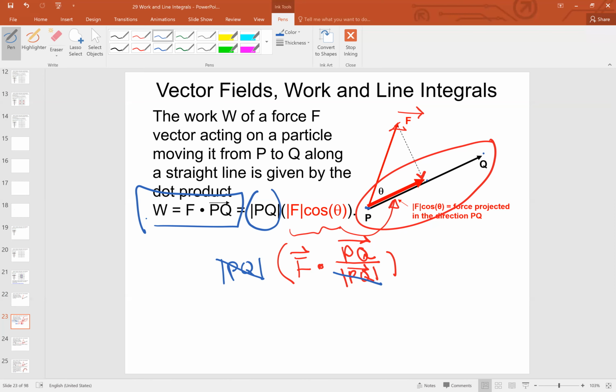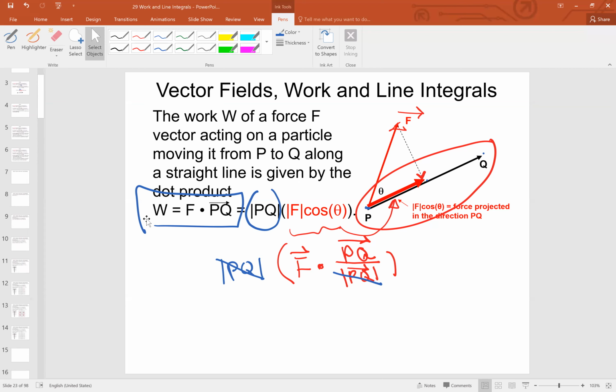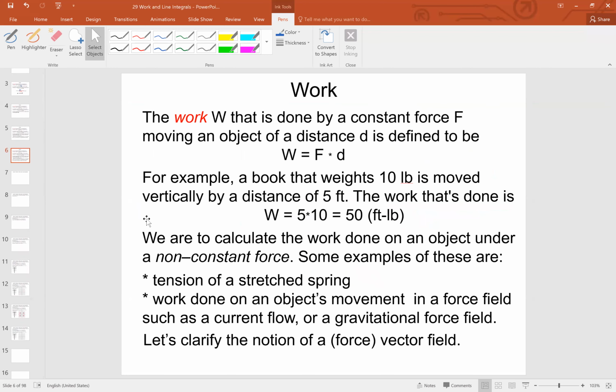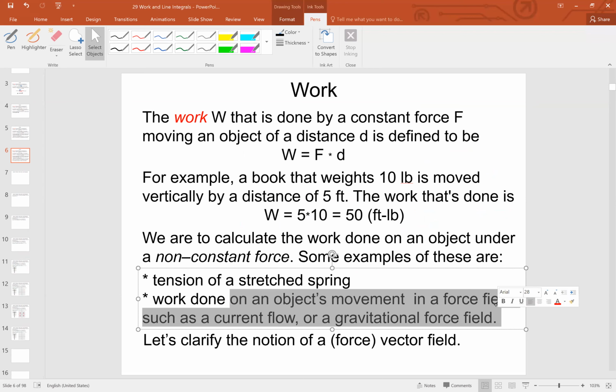What we would like to do now is to calculate the total amount of work done on an object moving in a force field, what we call a vector field.